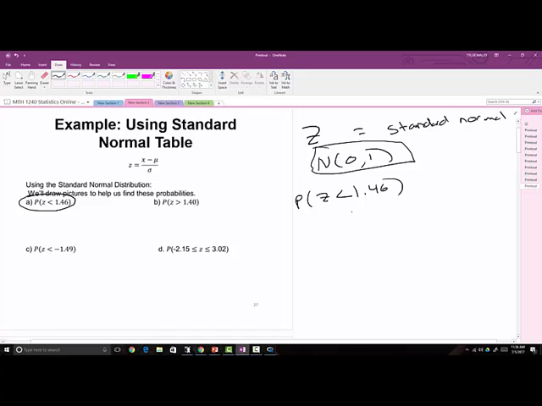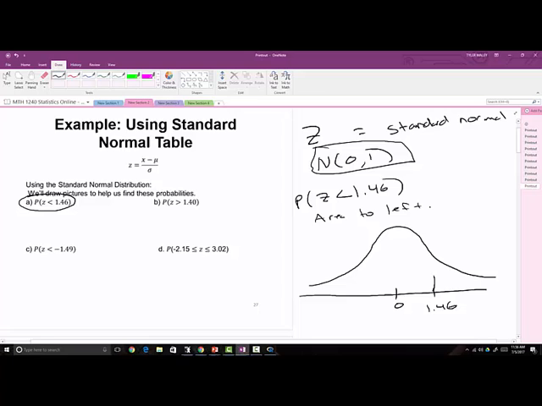Less than is to the left, so this is area to the left. If you draw this with a picture, here would be a z-score of 0. Here's a z-score of 1.46.